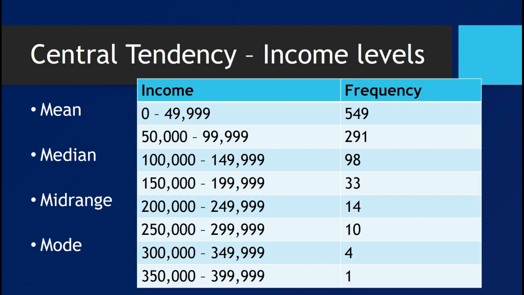So what I do is split the difference. I use 375,000 for that last class, and then the most I can be off is 25,000 in either direction. So for the income data, 0 to 49,999, we're just going to use 25,000 as that value.